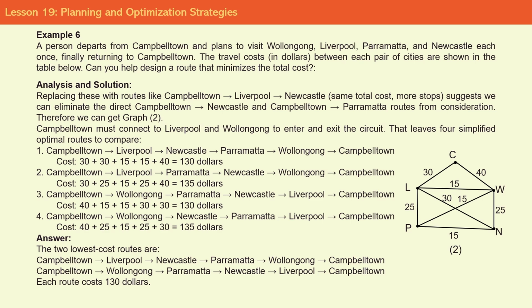Cost is $135. Therefore, the 2 lowest cost routes are routes number 1 and 3, Campbelltown, Liverpool, Newcastle, Parramatta, Wollongong, Campbelltown, and Campbelltown, Wollongong, Parramatta, Newcastle, Liverpool, Campbelltown. Each route costs $130.